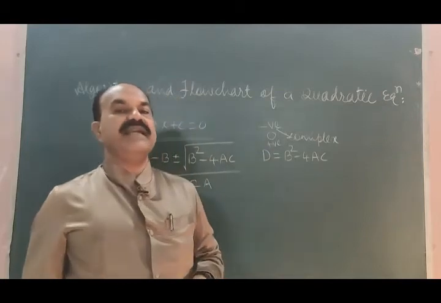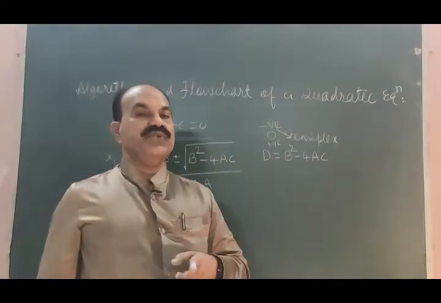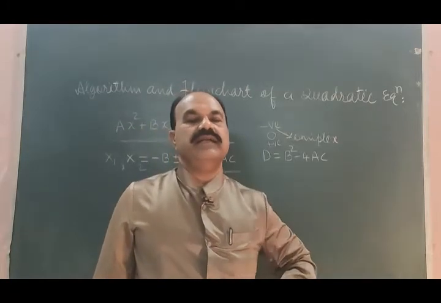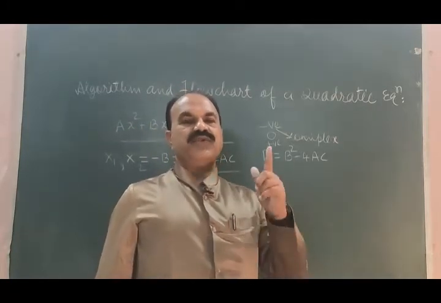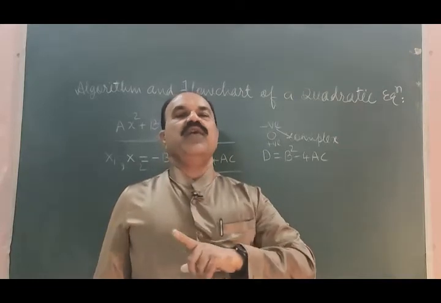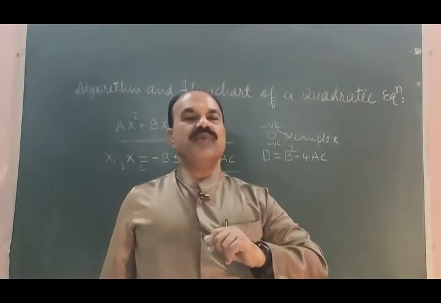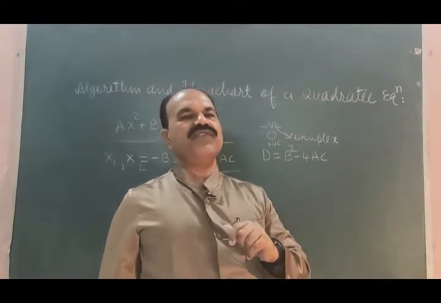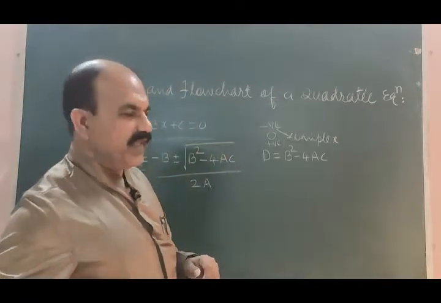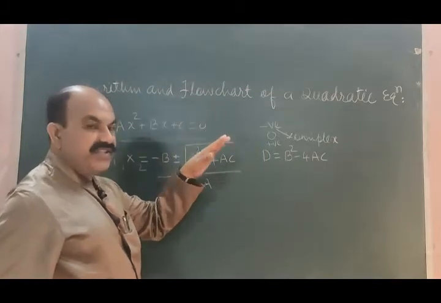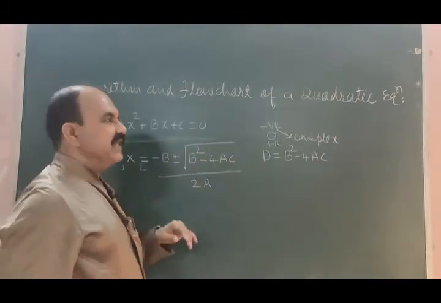At the same time, I am going to use the rules of writing algorithm as well as the rules of drawing the flowchart with the symbols. So let me first write the algorithm. Remember these steps and see how I am writing the algorithm.